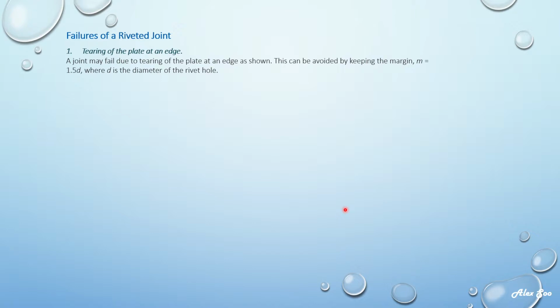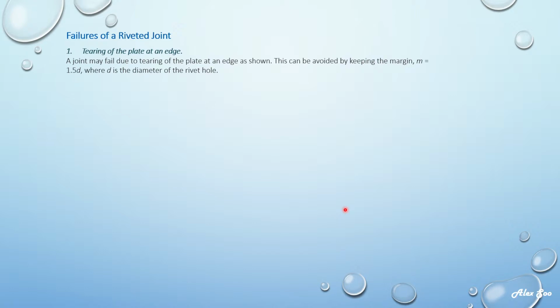Lastly, when this is subjected to compressive or pushing force, the shank or body of the rivet within the hole might also fail under crushing. We call it crushing. So these are the three different failures that might occur on a riveted joint: tearing of the plates, shearing of the rivets, and crushing of the rivets.